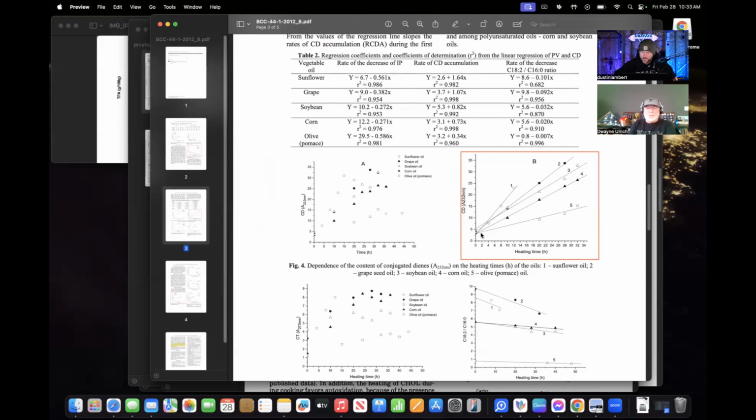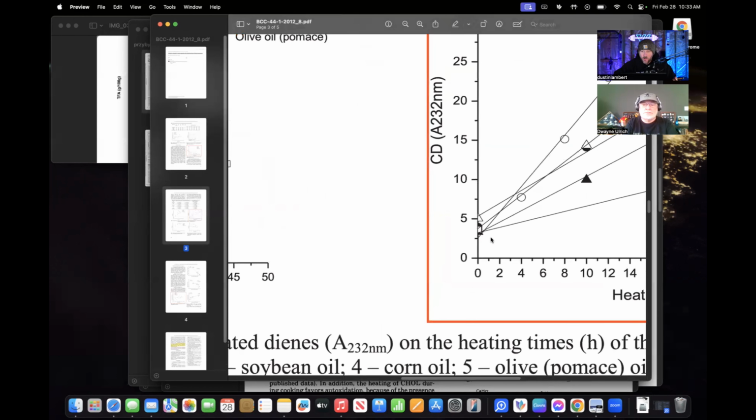And we can see olive oil did the best again. Sunflower oil did the worst again. But in terms of what we're usually cooking with at home, so under 1 hour, we can zoom in here. We can see them all pretty tightly held together down here on this y-axis.